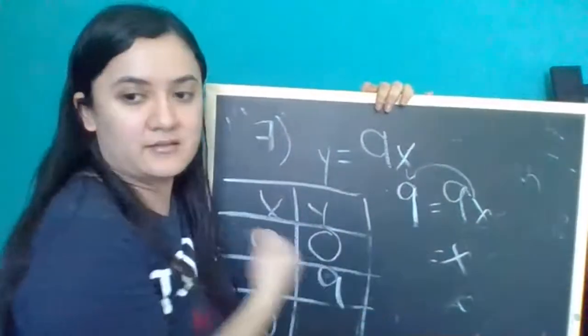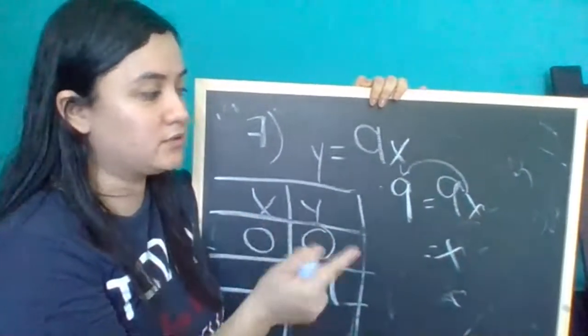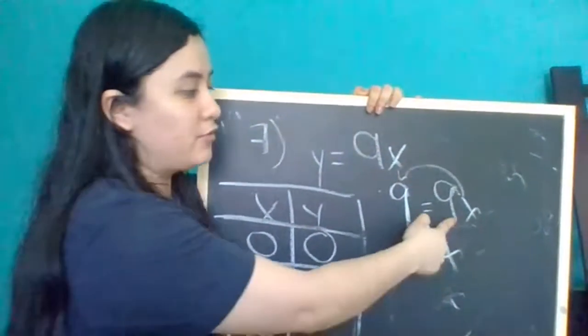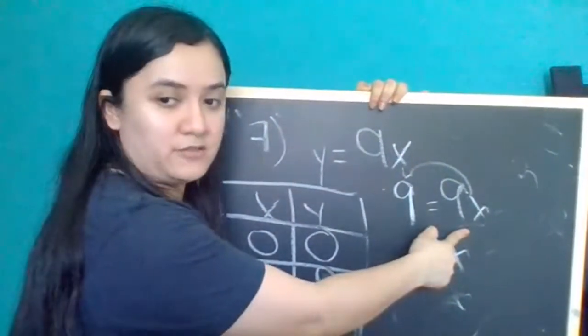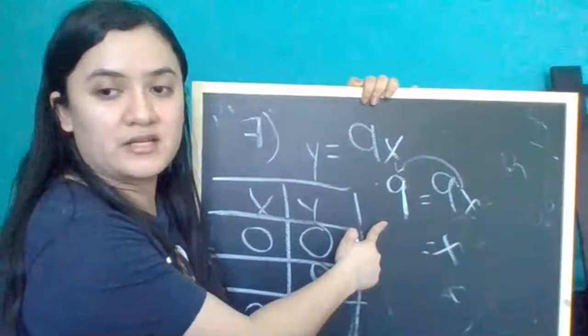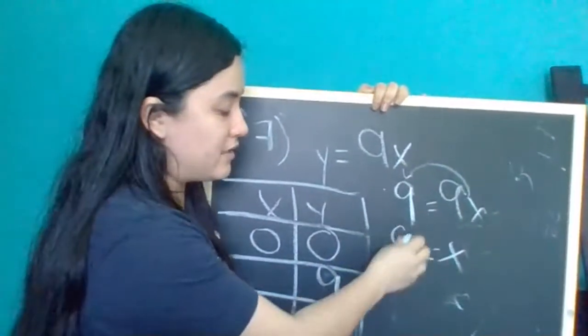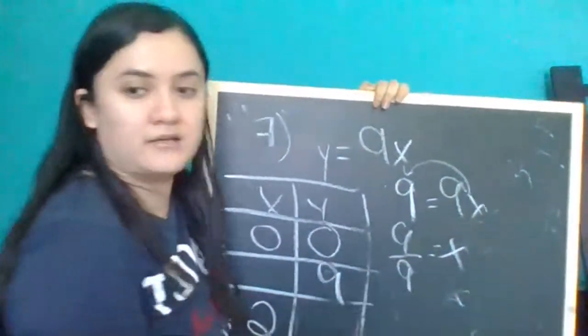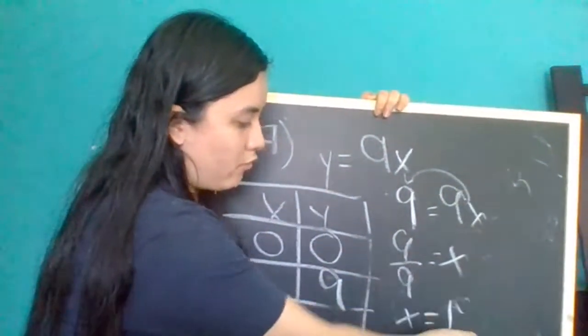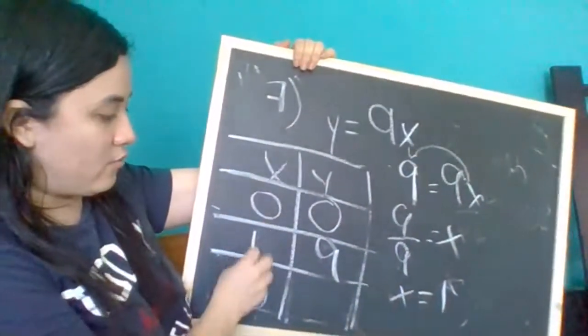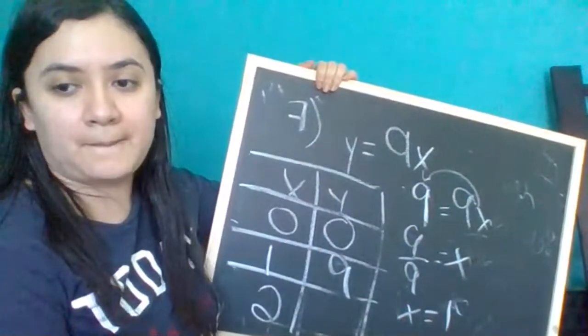If the x has to be left alone, the 9 will pass to the other side to divide, because in here it is multiplying. We will have 9 divided by 9, and 9 divided by 9 is 1. So that means that 1 is going to be our x, right?